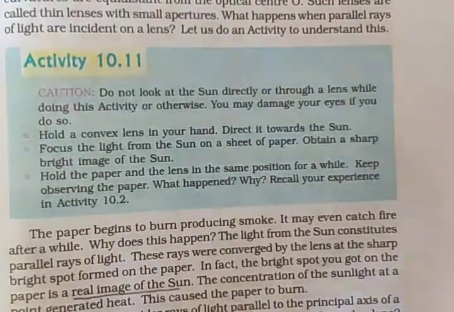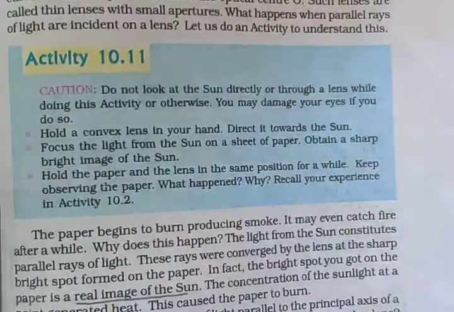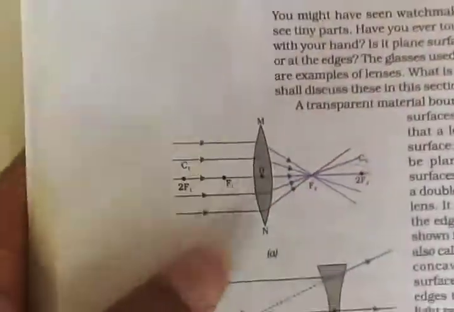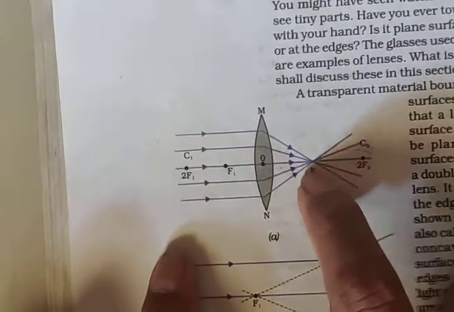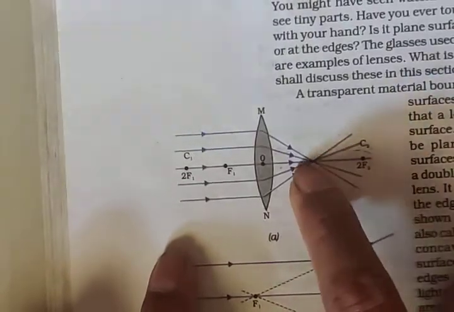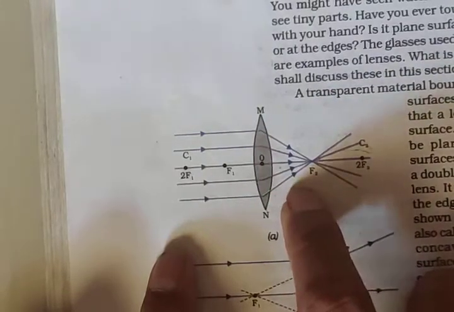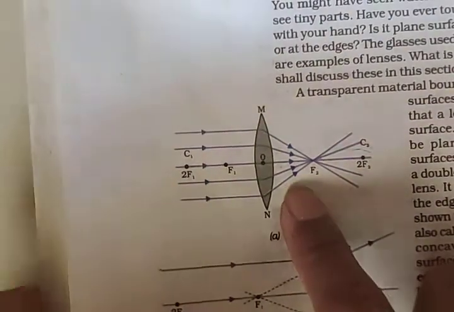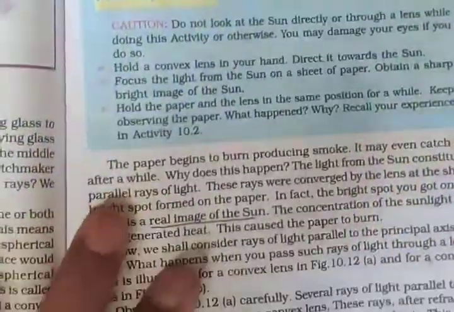If you take a convex lens and collect sunlight at one particular point, it is going to form an image of the sun at that point, and all the rays are going to come to F2. Due to that it creates a high temperature there, and the paper piece put there is going to catch fire. This has been given in an activity.